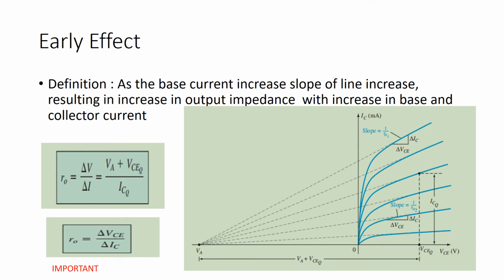So R0 is equal to the differential change in the voltage to the differential change in the current, that is VA plus VCEQ upon ICQ. So R0 is the ratio of the differential change in collector to emitter voltage to collector current.